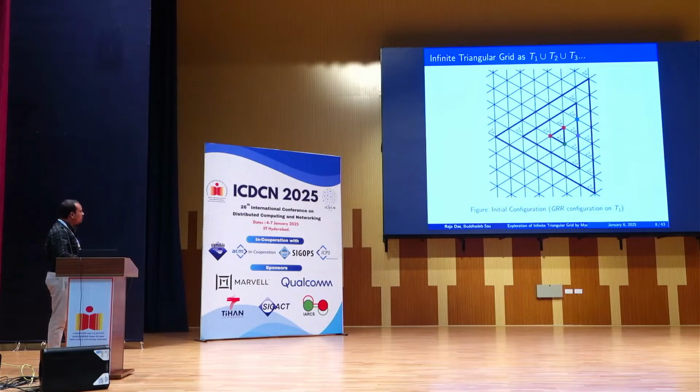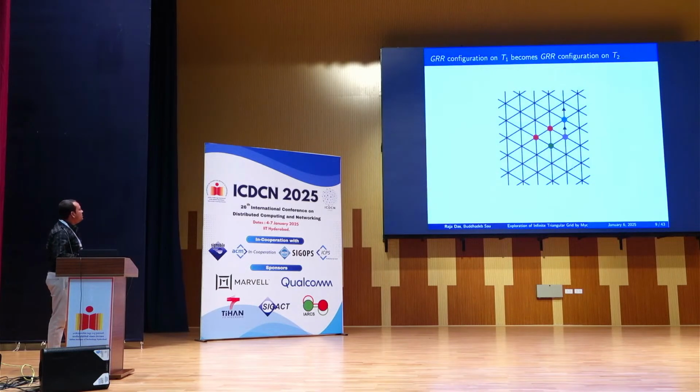So it is a GRR configuration on T1. From here, the robots will form the GRR configuration on T2. This is the movement of the robots.